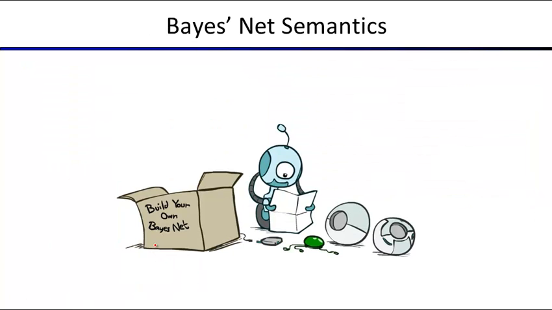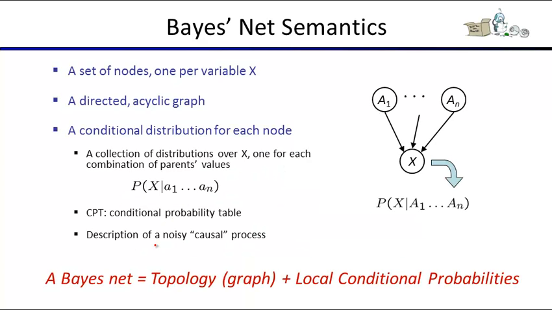Okay, so what are the exact semantics of what we have been doing? For now, we've said, let's draw this graph that reflects how we think of the world as variables causing each other. What does it really mean mathematically to be drawing these graphs and think of them as representing probability distributions? Well, we have a set of nodes, one for each variable. We draw a directed acyclic graph.